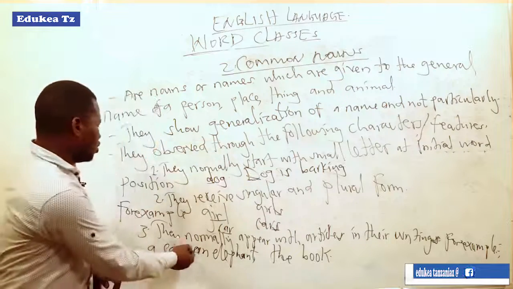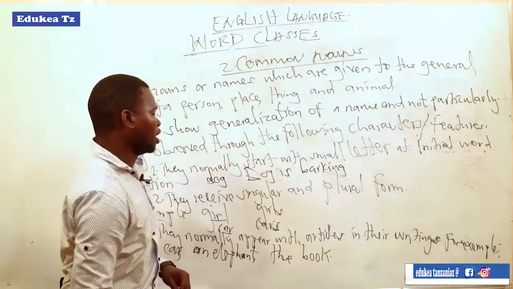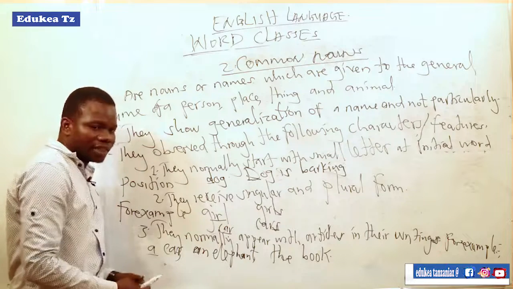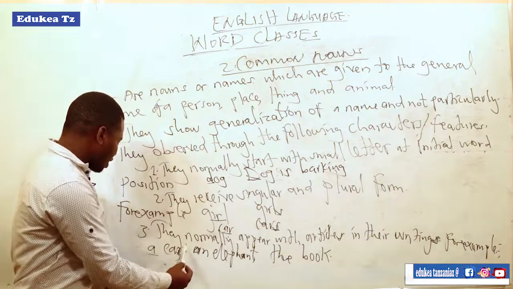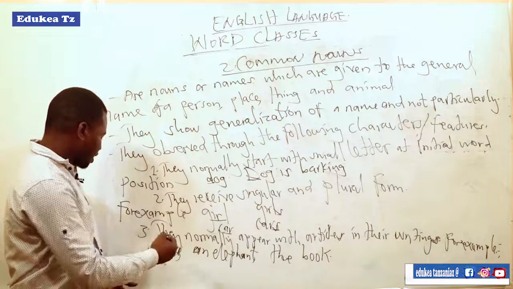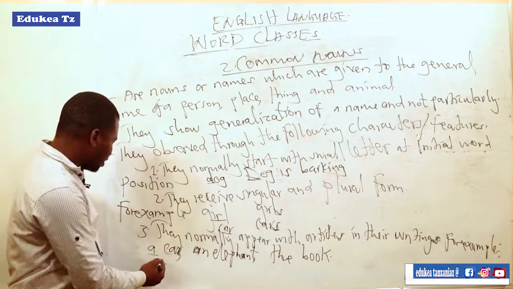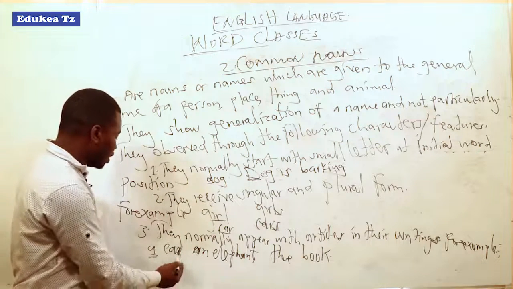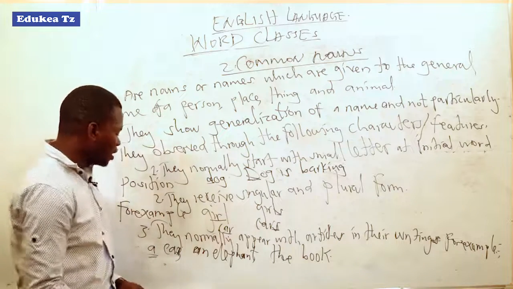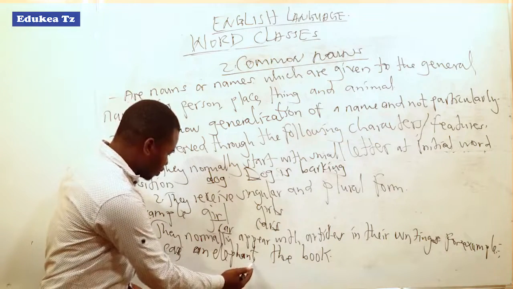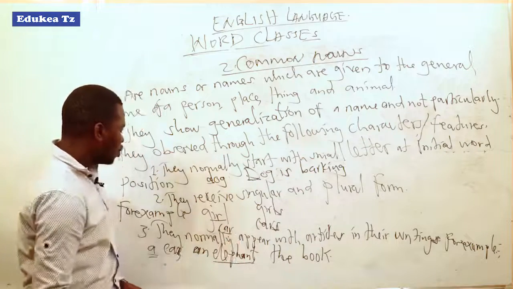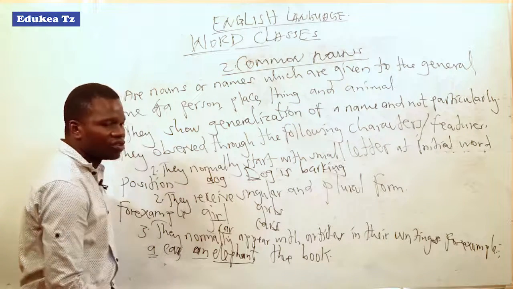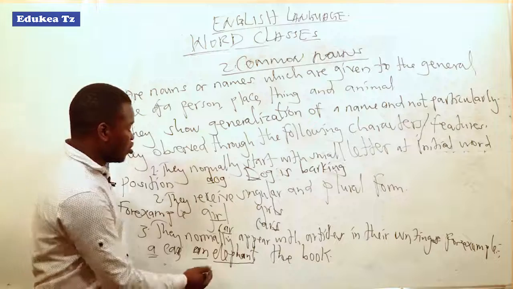Another character: they normally appear with articles in their writing. For example, a car. We can see that this car, a common noun, is accompanied by the article a, which is a determiner. It determines, it shows the status of that common noun. Another example is the word elephant. Since it is a common noun, we write it accompanied by the article an.